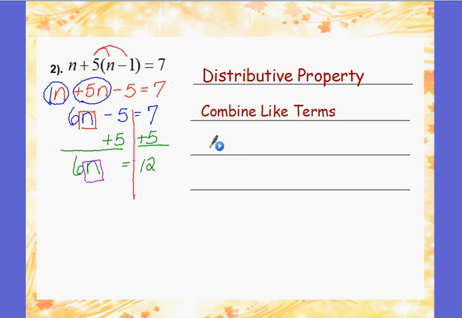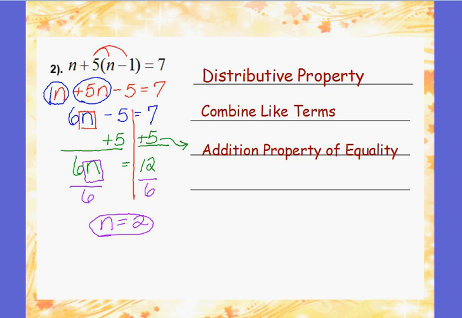This time, I'm going to divide both sides by 6. My final answer is n equals 2. Those last two steps, when I added 5 to both sides, represented the addition property of equality. And then my final step, when I divided by 6 on both sides, represented the division property of equality.